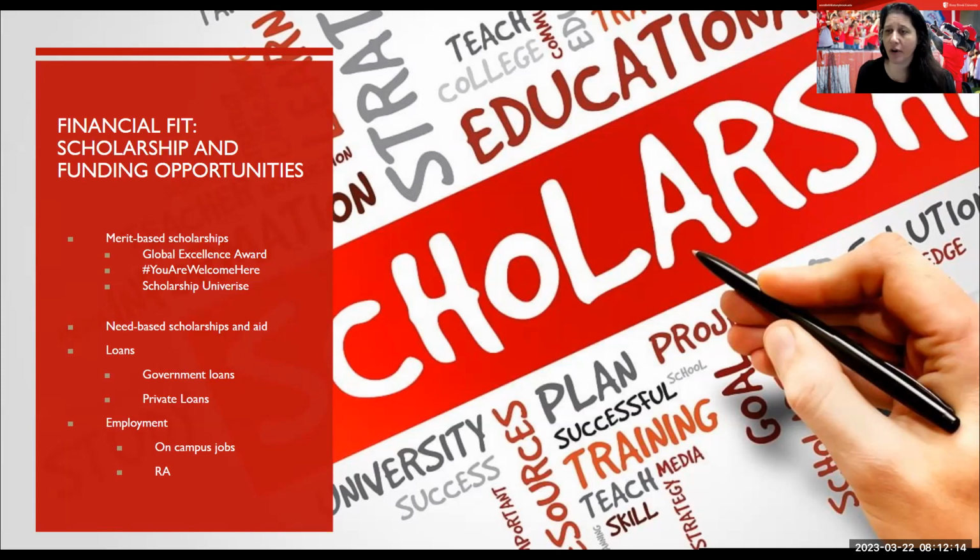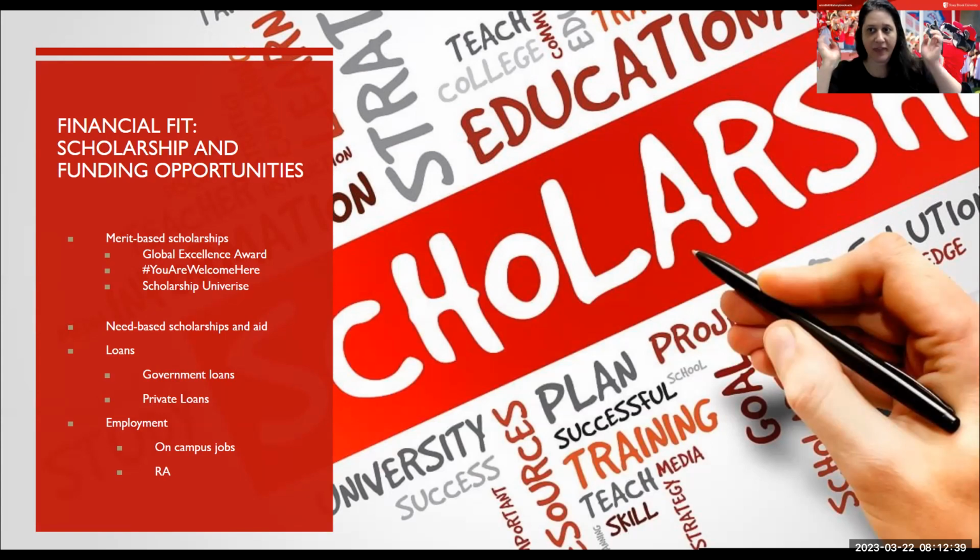You might have also heard of the terminology need-based scholarship and aid, often based on a student's financial need. Some universities will offer that. Stony Brook does not really offer any need-based aid. We don't use the CSS profile or the International Student Financial Aid application.